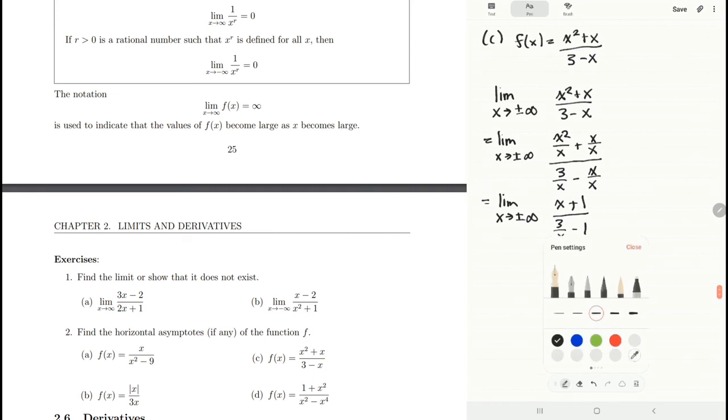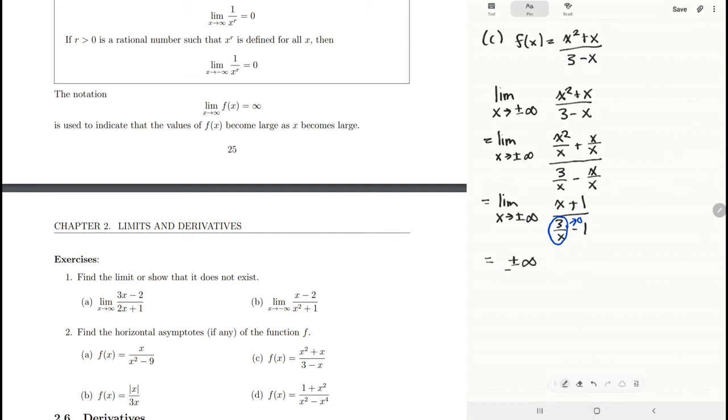So now let's let x go to plus or minus infinity. We know that 3 over x will go towards 0. And so in the numerator, we have plus or minus infinity. And so plus or minus infinity plus 1 is still plus or minus infinity.